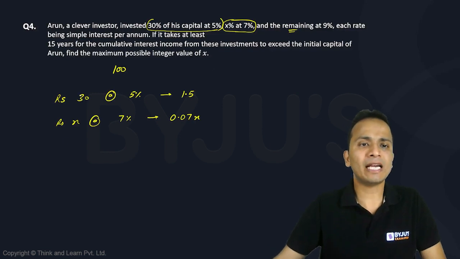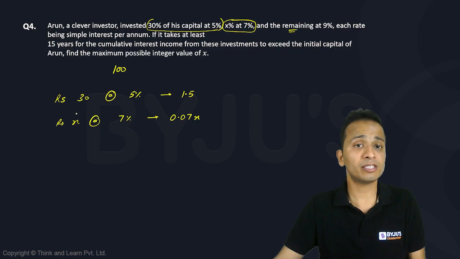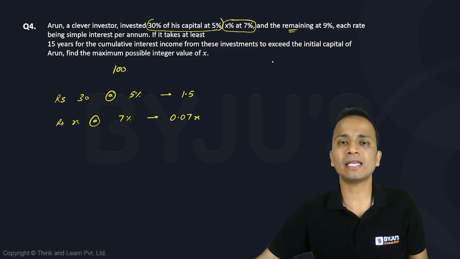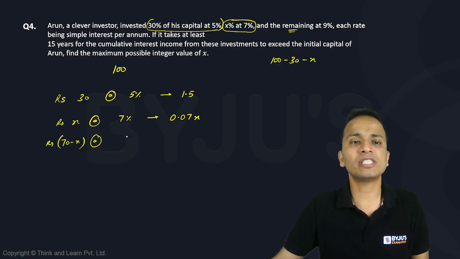And the remaining capital. So remaining capital, that means he has invested 30 and X in the first two schemes. So the remaining capital, that is 100 minus 30 minus X. That means an amount of rupees 70 minus X is invested at a rate of 9% per annum.